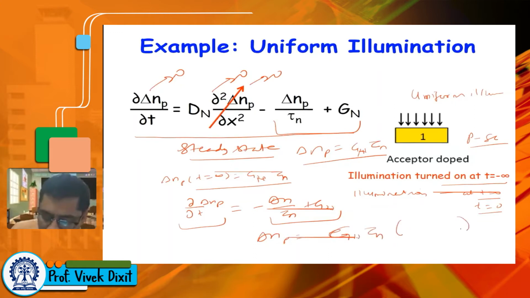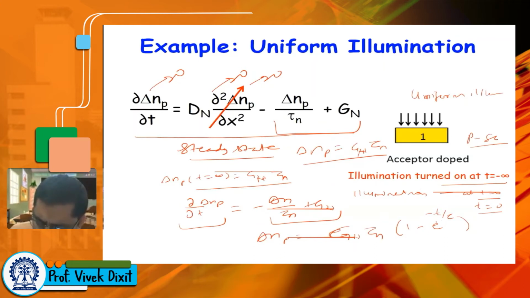So if this is the concentration at t equal to infinity, how will the expression look? At t equal to 0, this has to be 0. So it has to be 1 minus some exponential of minus t by tau. At t equal to 0, this is 0.